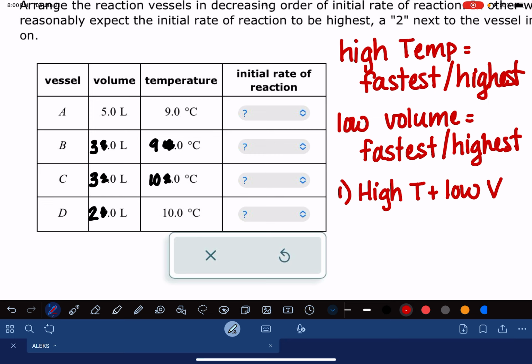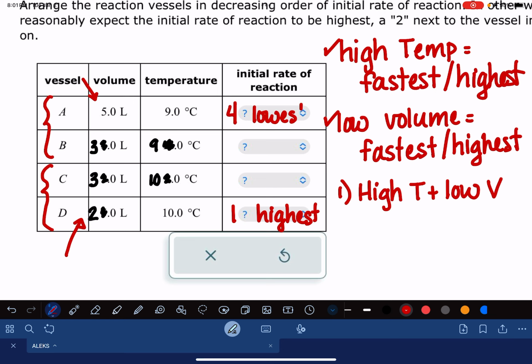So we're looking for the container that has the highest temperature and the lowest volume. That is going to be our fastest or our highest initial rate. On the flip side, the one that has the lowest temperature, which is 9, and the largest volume, that one is going to be our lowest or our slowest rate of reaction.